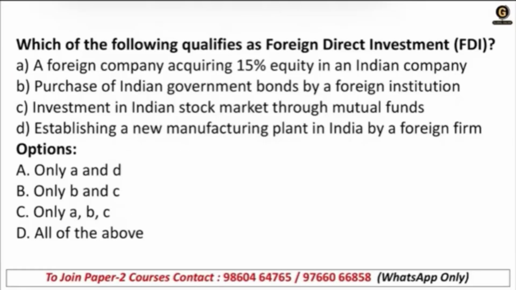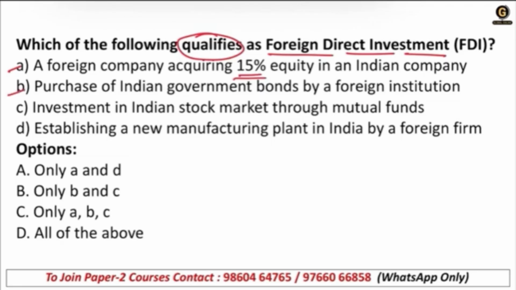Clear? Which of the following qualifies as a foreign direct investment? So we have four options, and one of them or two of them or three of them or maybe all of them are points which are stating that this is FDI. A, a foreign company acquiring 15% equity in an Indian company.